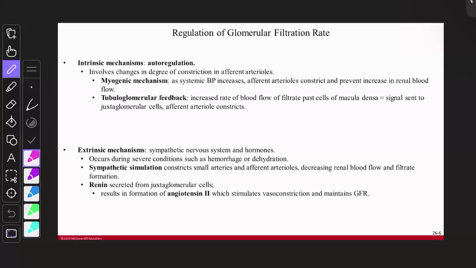The sympathetic nervous system is the first mechanism that we use for external or extrinsic control. And we're going to use that sympathetic nervous system to constrict the small arteries and vessels. We're going to make everything smaller because we've either lost a lot of water fluid or we've lost a lot of blood volume. And in order to make increased pressure, we need to make the tube smaller. All right.